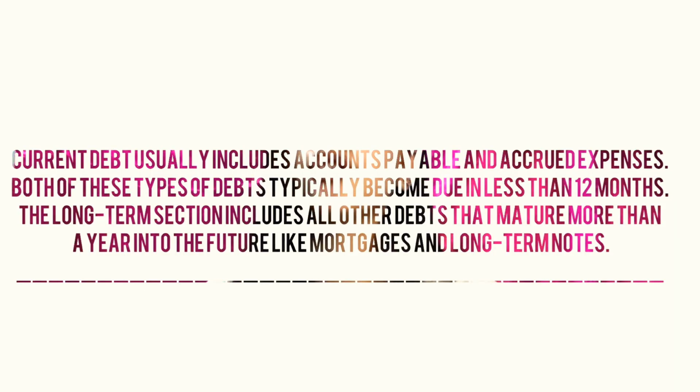Current debt usually includes accounts payable and accrued expenses. Both of these types of debts typically become due in less than 12 months. The long-term section includes all other debts that mature more than a year into the future, like mortgages and long-term notes.